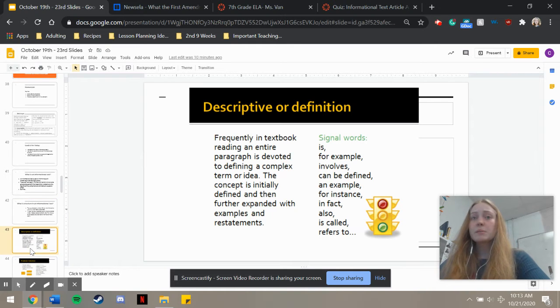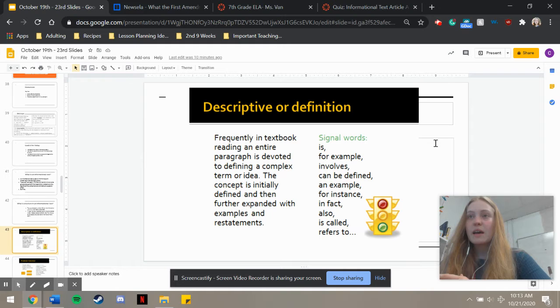So let's talk about some of these different structures that we see. The first one is descriptive or definition informational text. This one is often found in textbooks, and it's where a paragraph is devoted to defining a complex term or idea. The concept is initially defined and then expanded on or given more examples. This should sound familiar if you read our article from Monday.